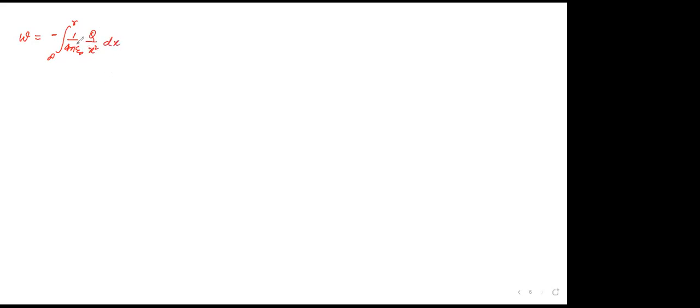Now you can look here, Q over 4 pi epsilon naught is a constant term. You can take it outside of the integration. This is your negative sign. 4 pi epsilon naught, integration of 1 over x square dx from infinity to r. This is your W.